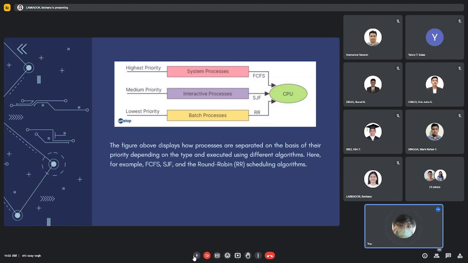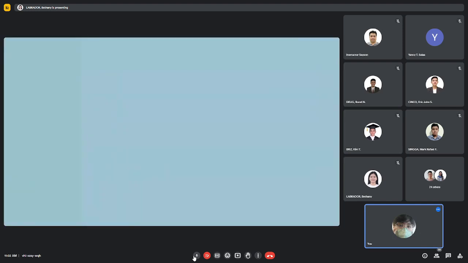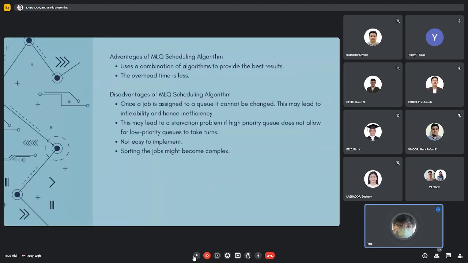So next. There are advantages of the MLQ system, and of course it has more disadvantages. The advantage is it uses a combination of algorithms to provide the best results, which is way more important and heavier, of course.